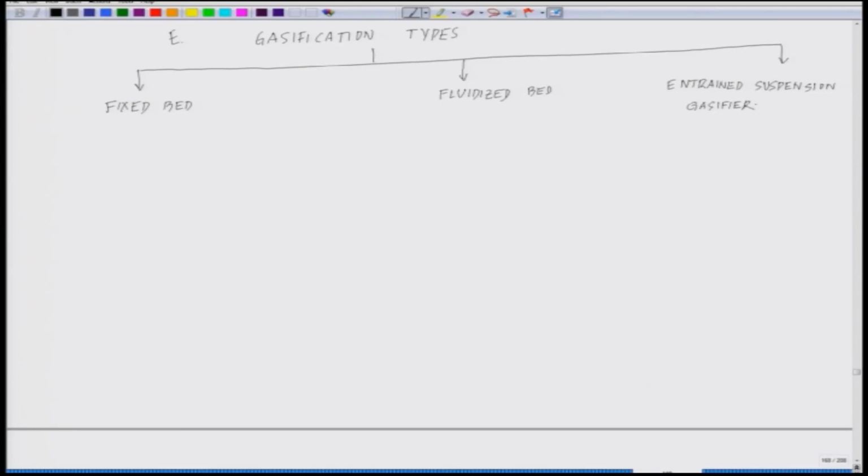So, in this course we will not really talk much about this entrained suspension gasifier, but just for your general knowledge, these kinds of gasifier are very suitable, if you are in industry, for very finely divided particles or feed materials.